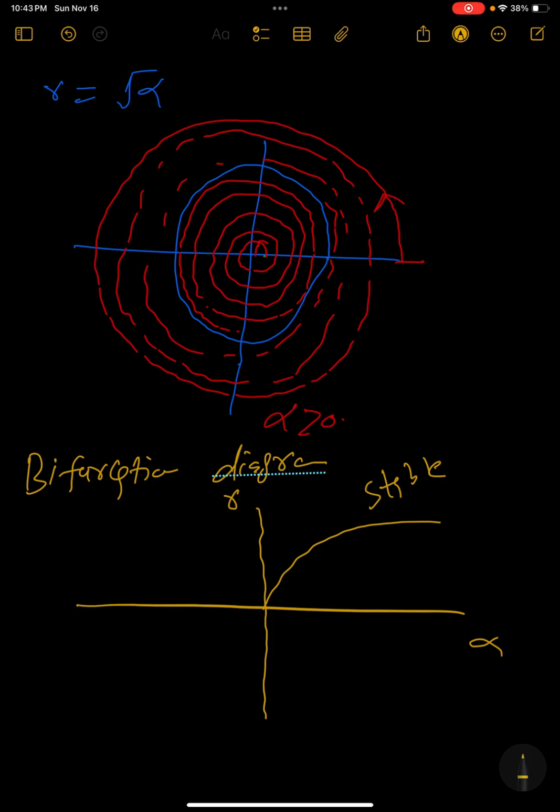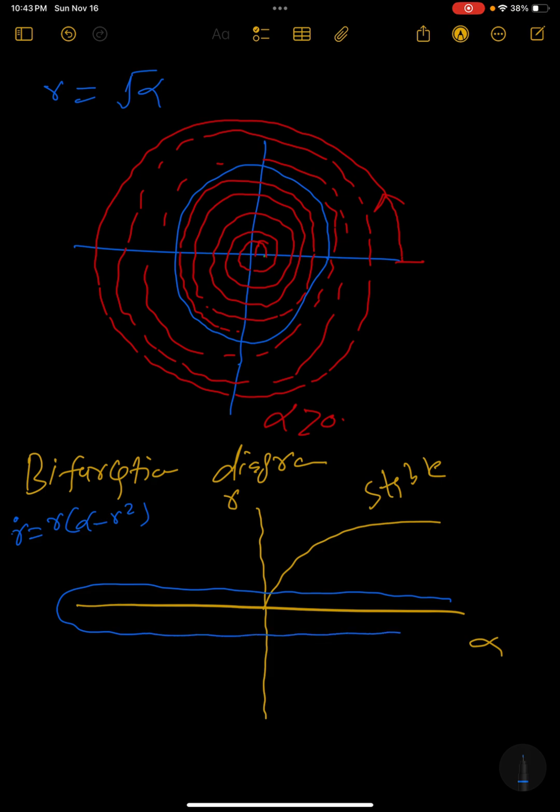But now if we see that our equation was r dot is r alpha minus r square, on my alpha axis, over here, what is 0? R is 0. If my r is 0, this means that the non-linear part is 0, because I will linearize the system. So if I linearize the system with r equal to 0, it will have alpha.